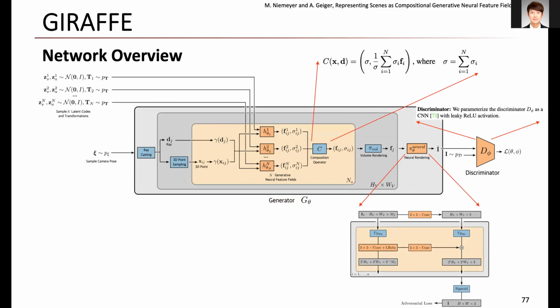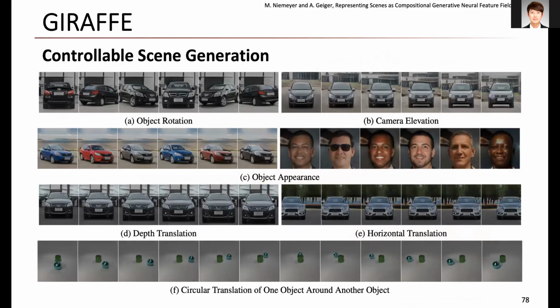In detail, the composition operation is like an addition weighted by the density value for each object. This neural renderer consists of a 2D generator, a 2D convolutional neural network, and they use a simple discriminator to train this module. This is just the output.